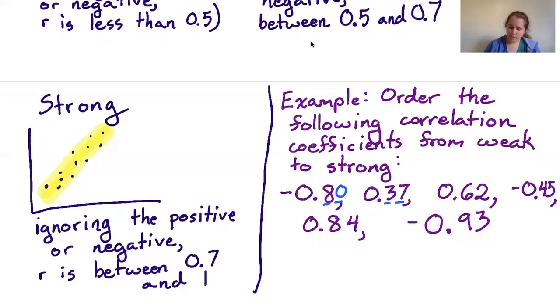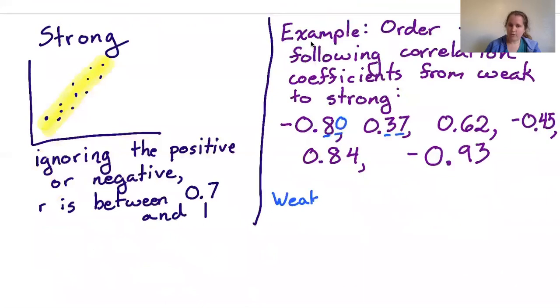So if we put the weak at the first and strong at the end, we look for the one that is closest to 0. So that would be our 0.37, which is the closest to 0. After that, the next one would be our 0.45 but negative, so negative 0.45.